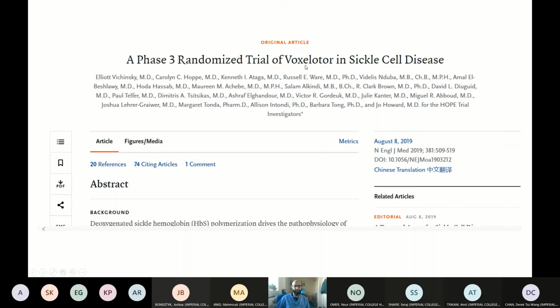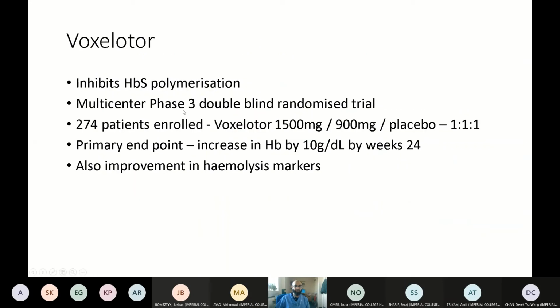So I mentioned voxelotor, which is a molecule that binds to the oxygenated state of hemoglobin S and stabilizes that configuration, essentially blocking the polymerization of hemoglobin S. It has now gone through a multi-center phase 3 double-blind randomized trial involving 274 patients, with a 3-way randomization between 2 doses of voxelotor and placebo.